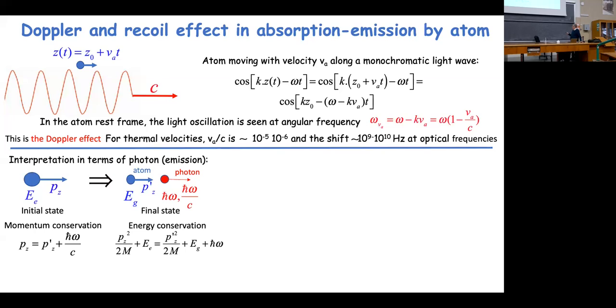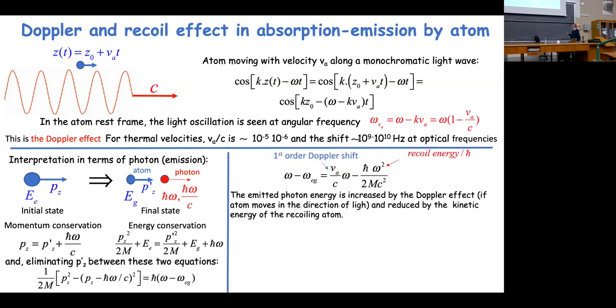And the conservation of energy requires that p z squared over 2m plus E e, the internal energy of the atom plus its kinetic energy in the initial state, is equal to the same quantity in the final state plus the energy of the photon. You can use the first equation to eliminate p prime z, and you get the conservation of energy here, which is a simple equation that you can solve.